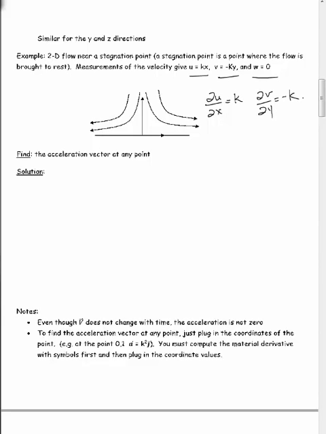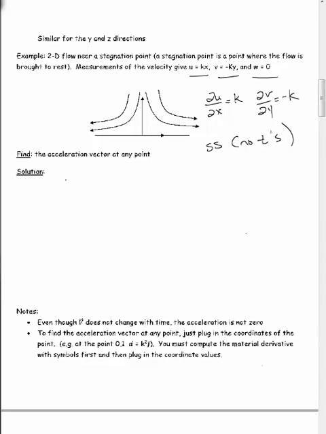And I don't have any other derivatives that are going to come into play here because there's no y's or z's or anything in u. Since we're not given anything, there's no t's in here, we can say that this has to be steady state. No t's. So we're going to find the acceleration vector at any point.